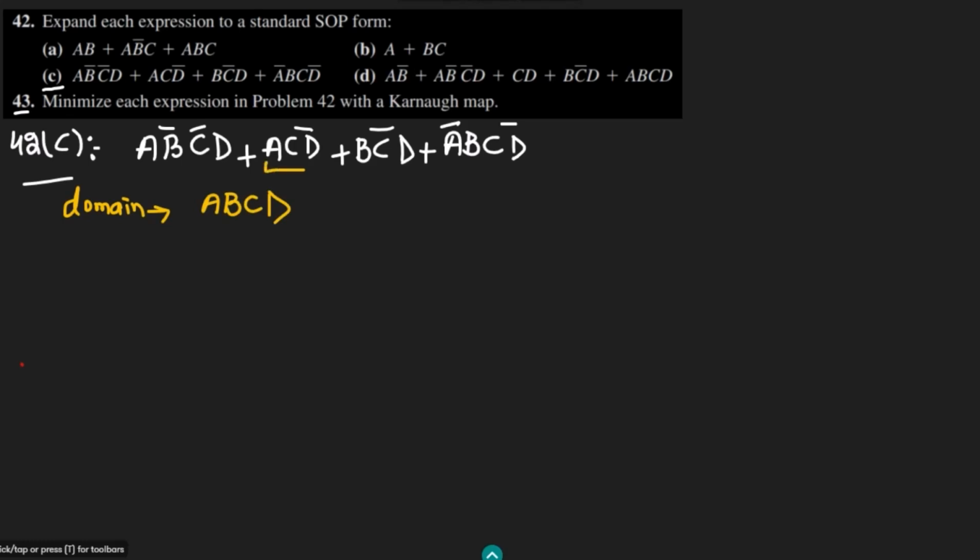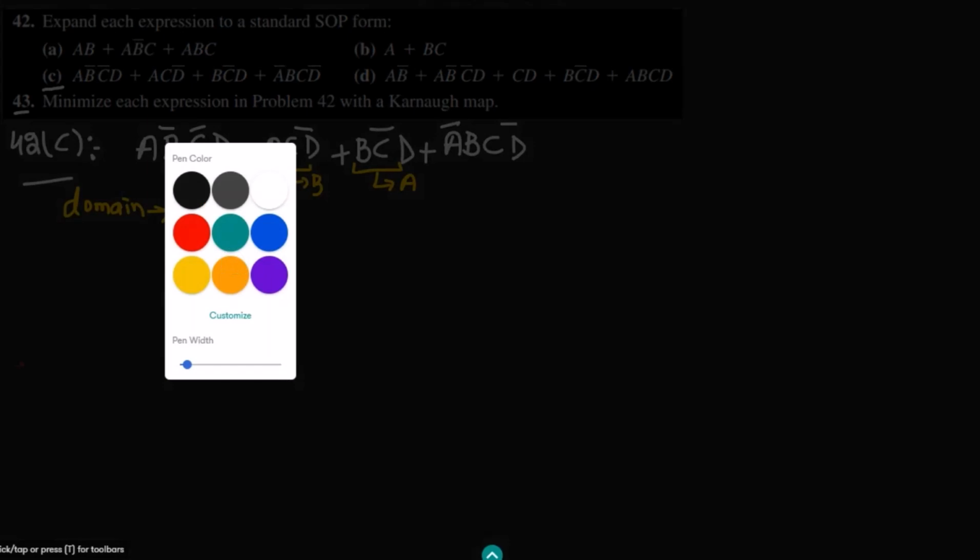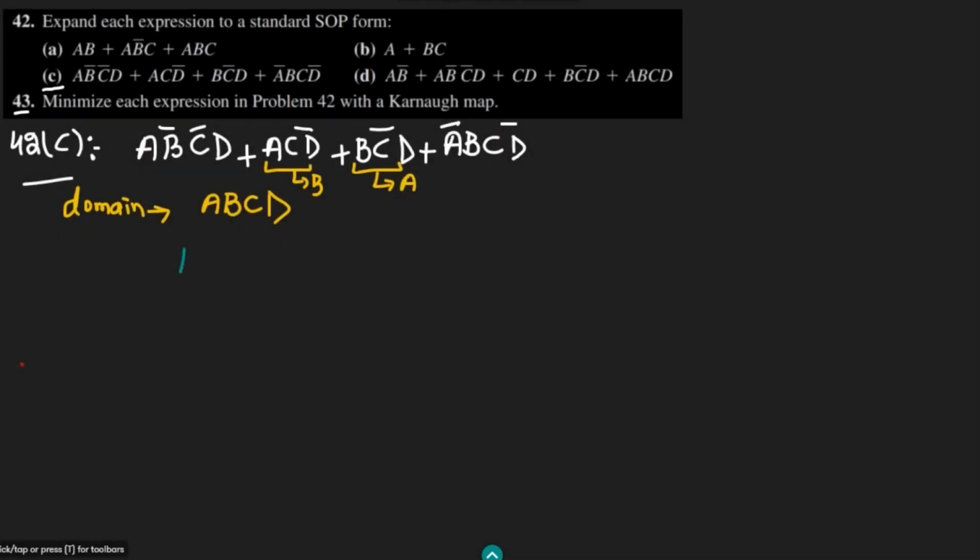Okay, and here we can see that we have a deficiency of B and here we have a deficiency of A. So therefore I have to multiply by B plus B complement, which is equal to 1, and similarly A plus A complement.